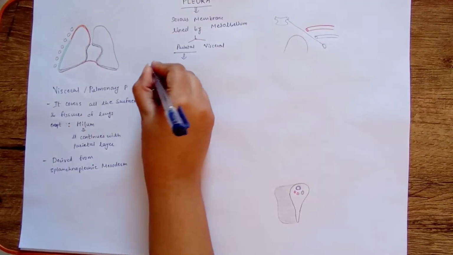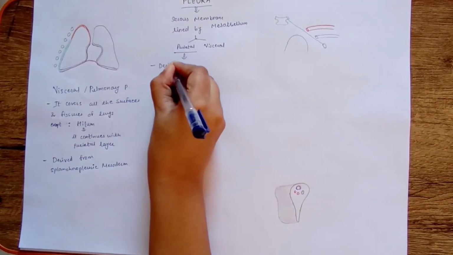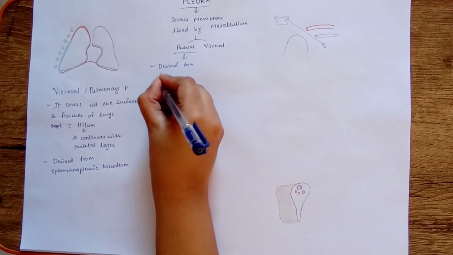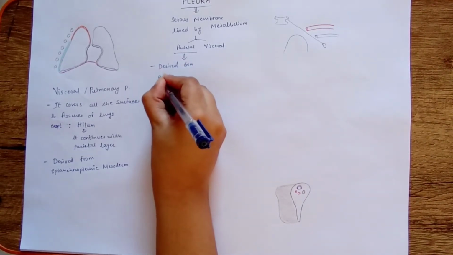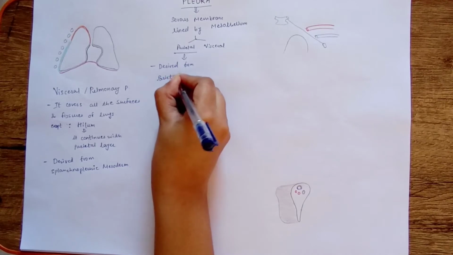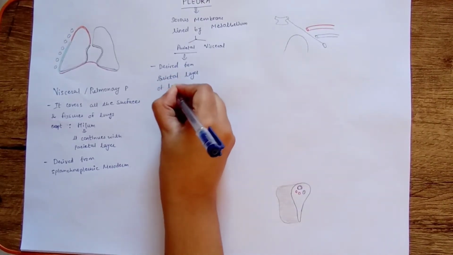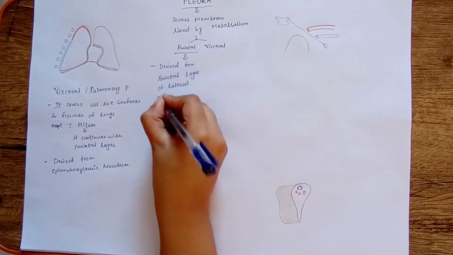Parietal pleura is derived from the parietal layer of lateral mesoderm.